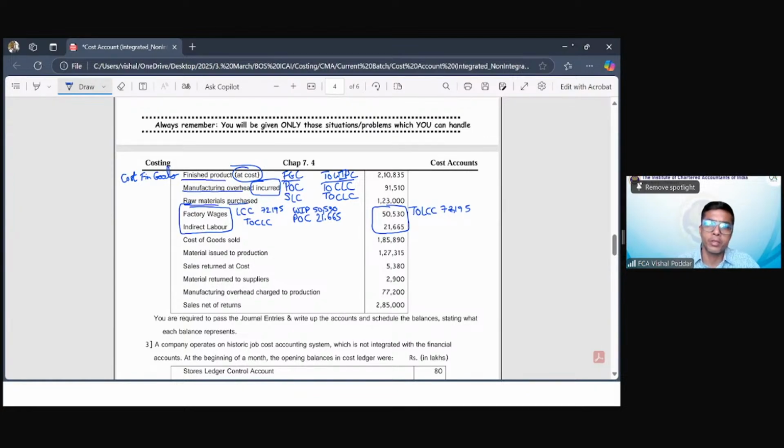So the entry for this labor transaction is I debit first the labor, I credit the cash bank with total. Then direct wages are transferred or charged to the factory, that is WIP. Indirect are transferred to production overheads.